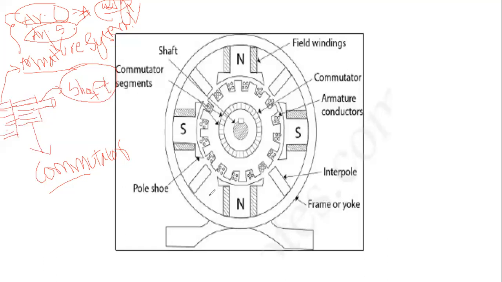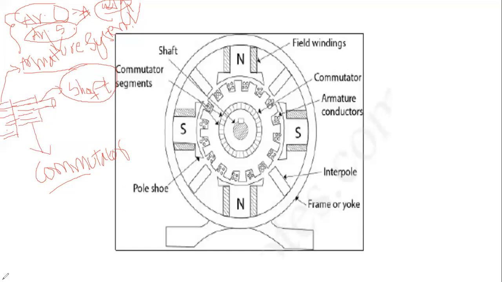Next, the second part of a DC machine is the field system. The field system consists of two parts: the field poles, that is the pole core and pole shoe, and the field winding. The pole core is used to place the field winding, and the pole shoe gives support for that pole core.